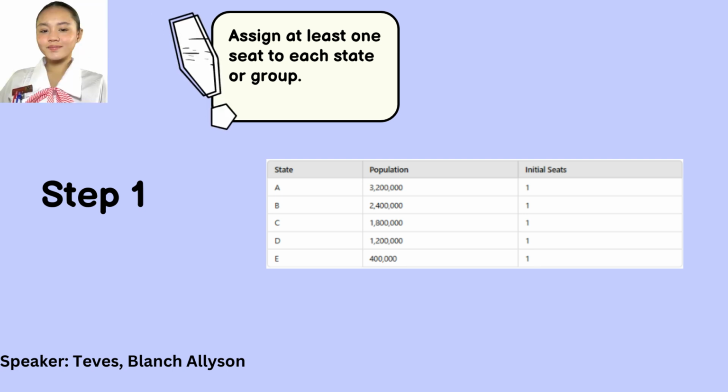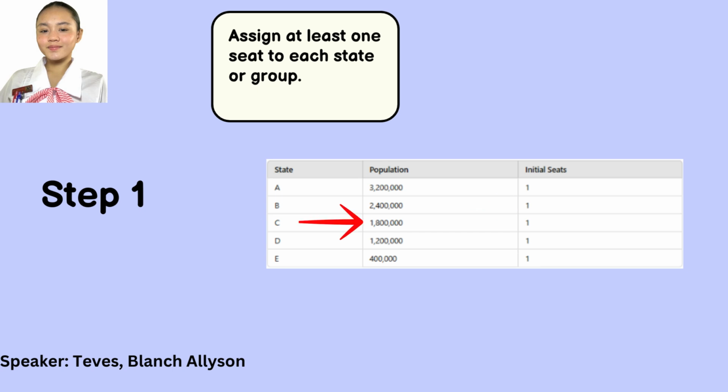Step 1. Assign at least one seat to each state. Each state must receive at least one seat for representation. State A: population is 3,200,000, initial seat is 1. State B: 2,400,000 is the population, initial seat is 1.